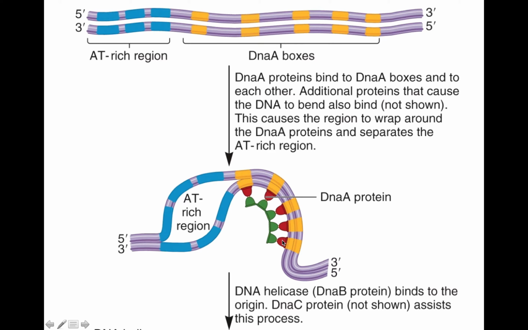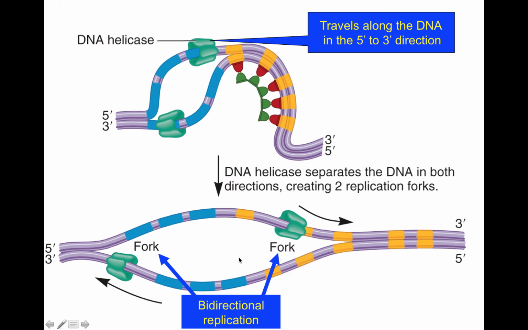When the DNA bends here, the AT-rich region pops open. And once that initial separation has occurred, it allows other proteins of the replication machinery to come in and attach to the single-stranded DNAs at the forks and proceed with DNA replication.